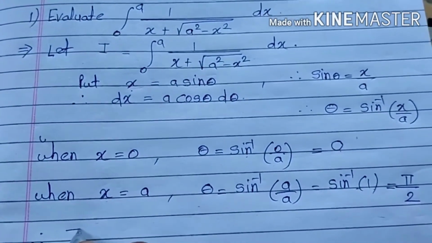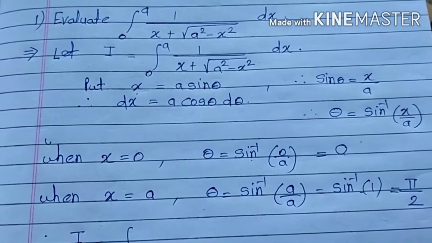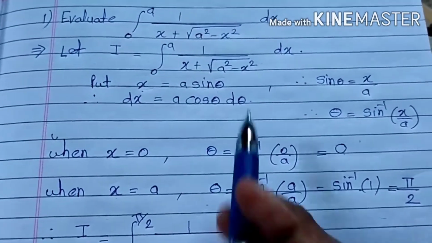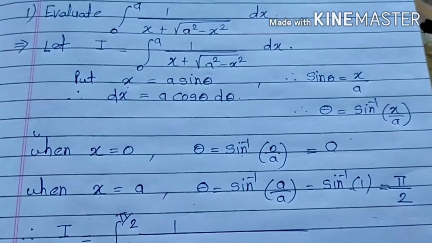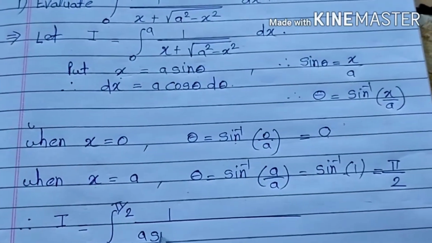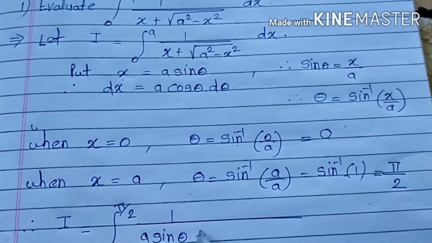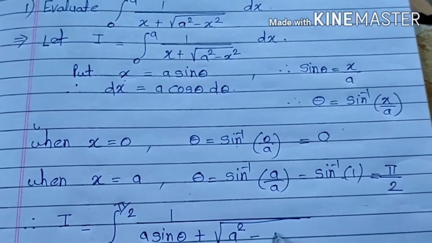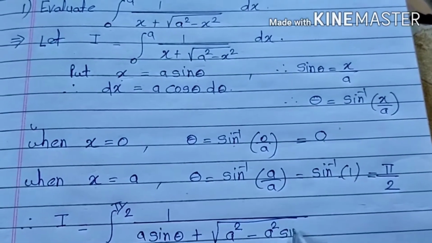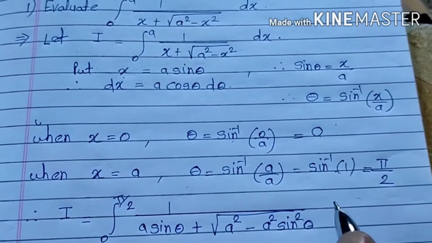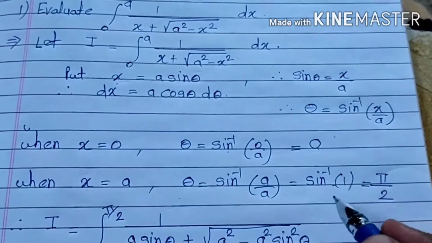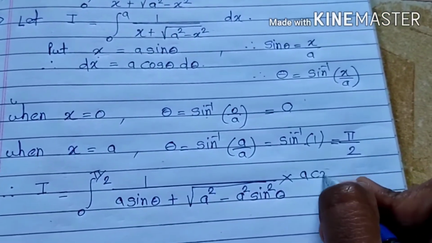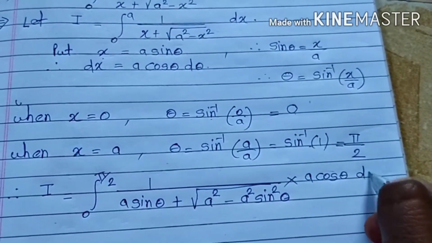Therefore, I is equal to the integral from 0 to pi by 2 of 1 upon, the value of x being a sin theta, a sin theta plus under root of a square minus a square sin square theta, and the value of dx is a cos theta d theta.